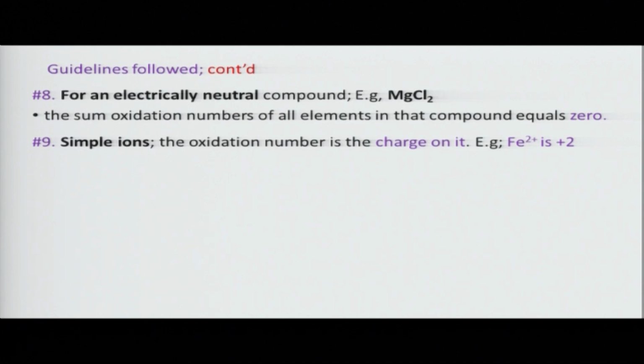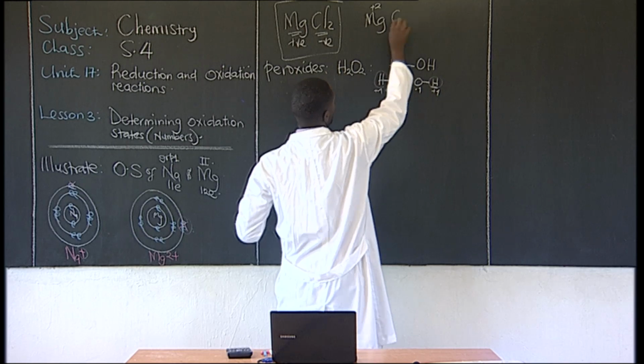So if you're having a compound, like magnesium chloride, if it is not charged, then its total oxidation number will be 0. Why? Magnesium is having +2.